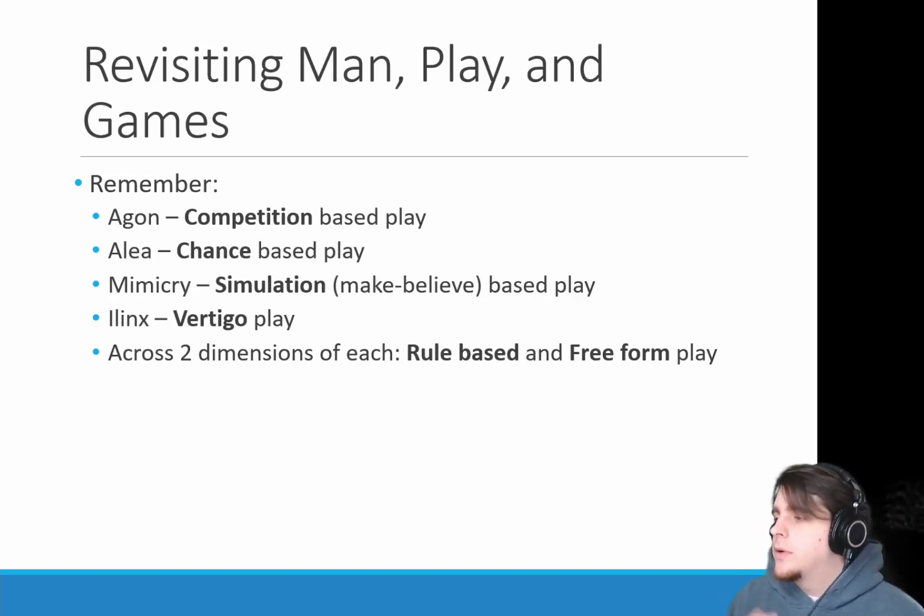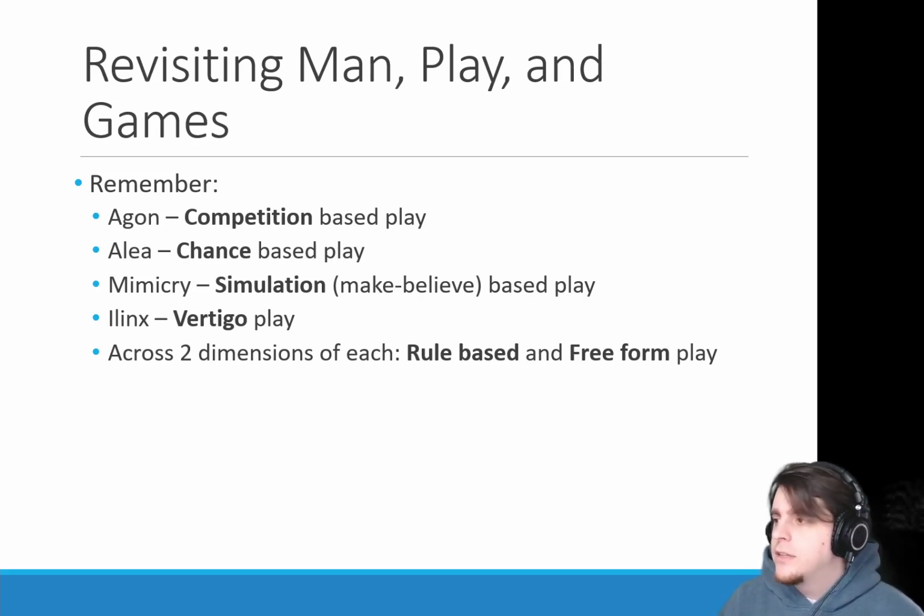But basically what I want you to remember and be thinking about is that there are essentially 4 different kinds of play that have been defined, and they're all motivated and rewarded a little bit differently. So again, you have 4 different kinds of play across 2 different dimensions. You've got your competitive play, your chance-based play, your simulation play, and your vertigo play.